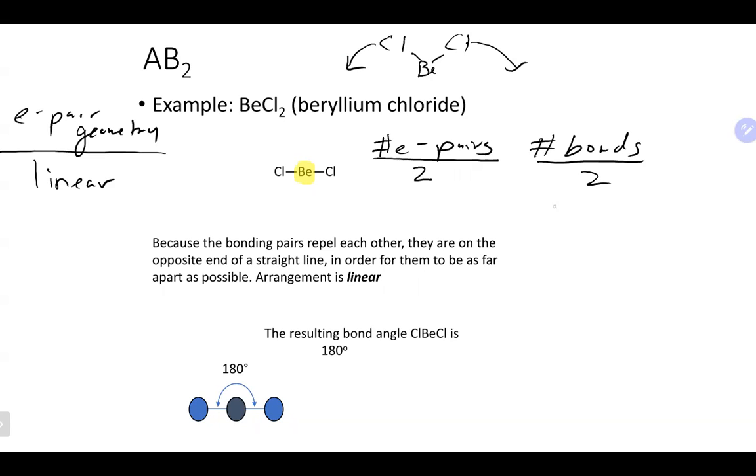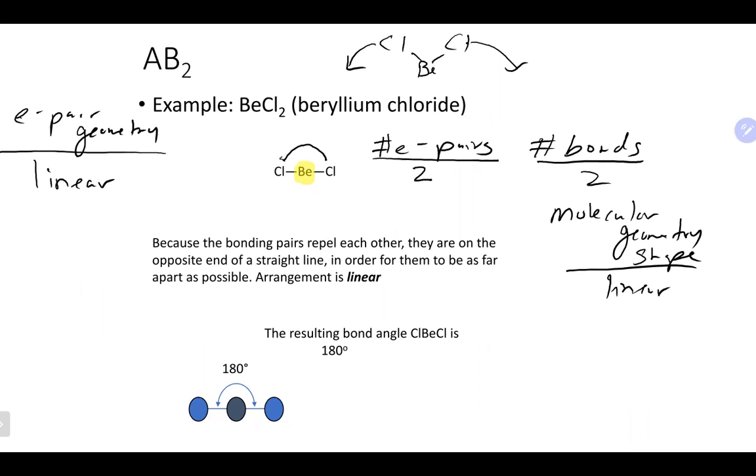And the molecular geometry, or the shape, is also going to be linear. It has a bond angle of 180 degrees from one side to the next. So something with 2 electron pairs, the electron pair geometry is linear. Something with also 2 bonds, the molecular geometry or the shape will also be linear as well. Any questions on that one there?